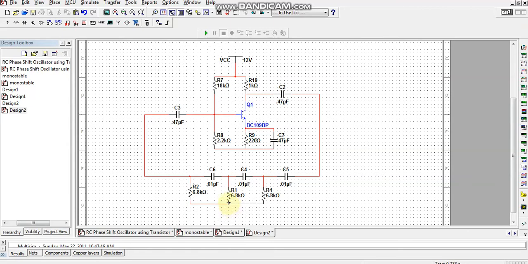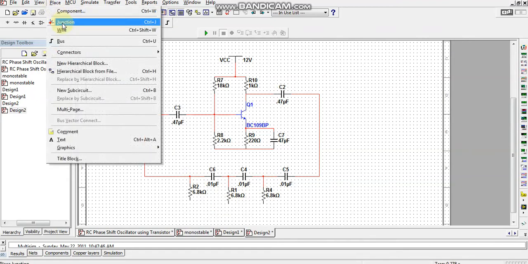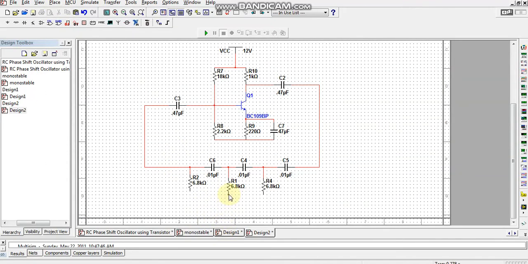You have to take the junction again, and mention the junction. Place a junction. It is a point where you can have more connections. Take the junction, place it here.